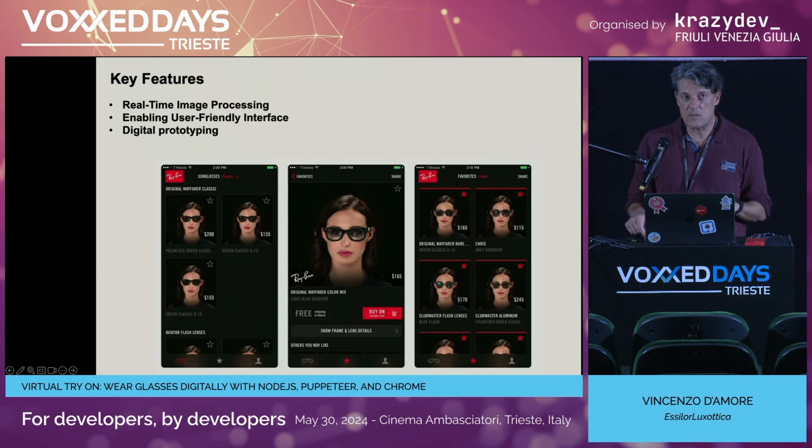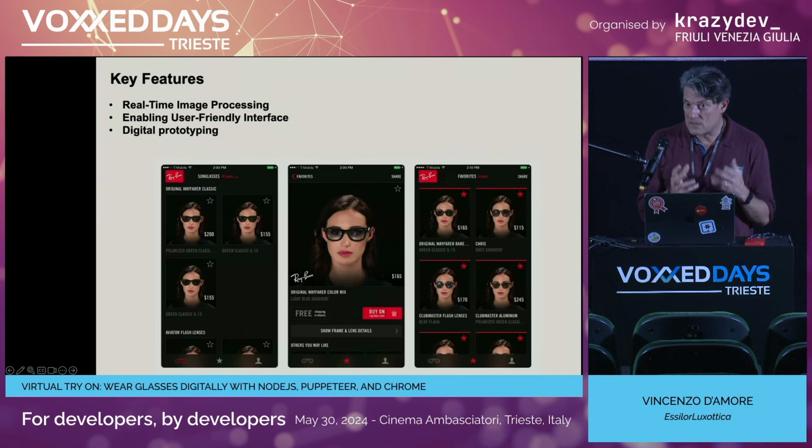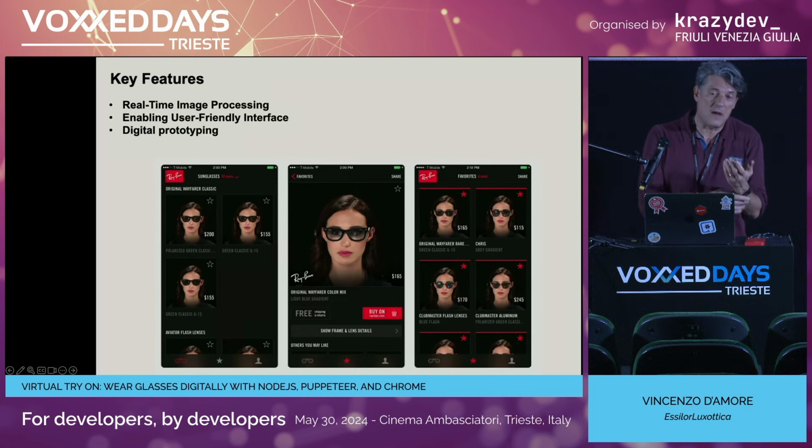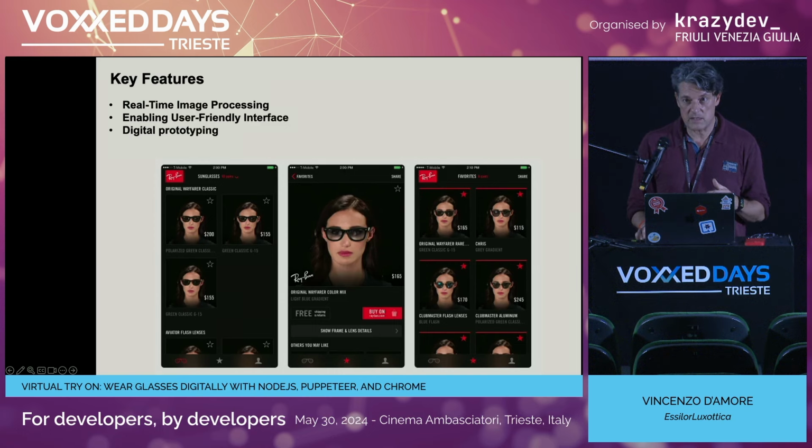Recently there were a few new projects that are changing the scenario, but when we started a few years ago it wasn't the same situation. In the end, we found out that we could reuse the knowledge and the developers that were able to develop browser side, and now they are also able to develop server side, given the NodeJS and browser Puppeteer integration. I hope I answered the question.